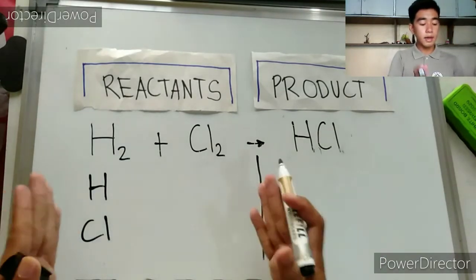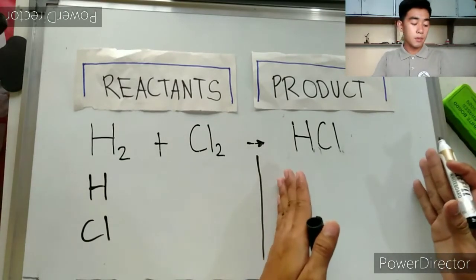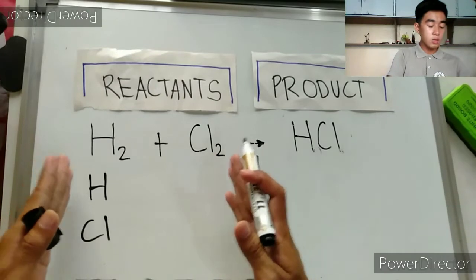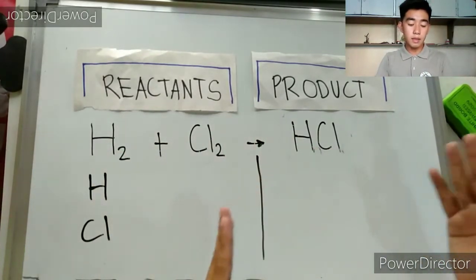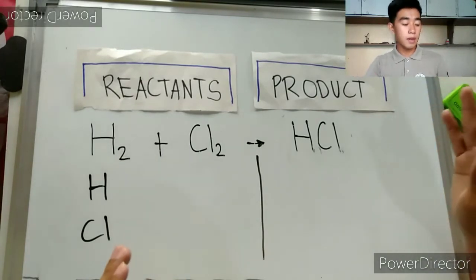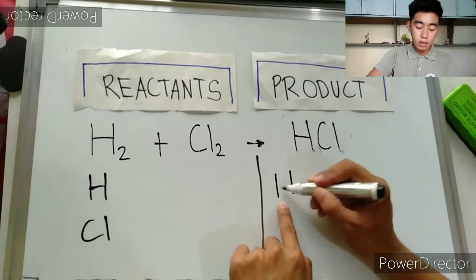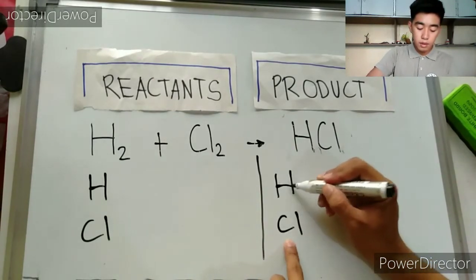So ngayon, lahat ng elements present dito sa reactants ay present din siya dito sa product. So kung paano natin sinulat ng pagkakasunod-sunod yung elements dito, dapat ganun din natin siya isulat dito ng pagkakasunod-sunod para hindi tayo malito mamaya pag nag-balance na tayo. So, inuna natin yung H dito, unahin din natin yung hydrogen. Sunod yung Cl, stands for chlorine.